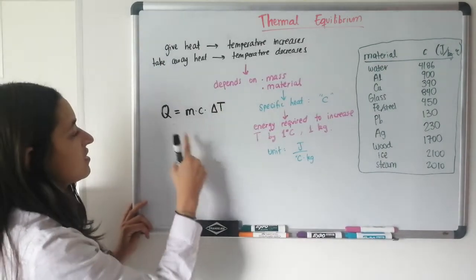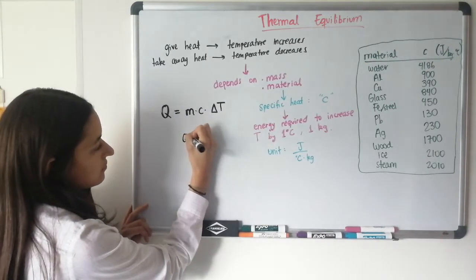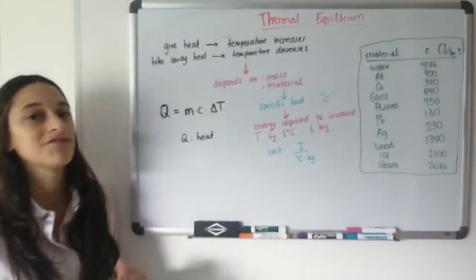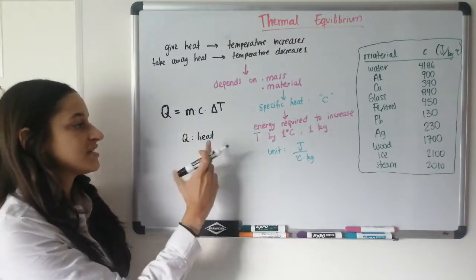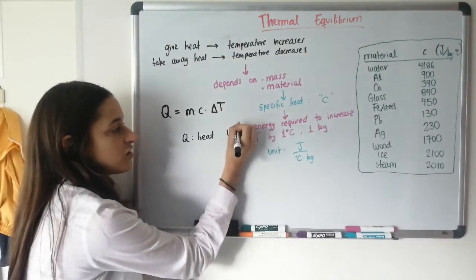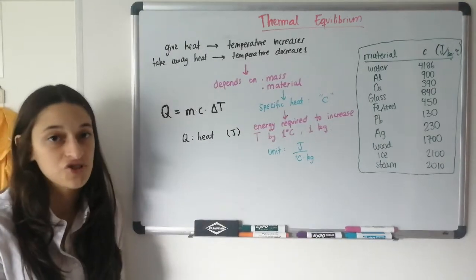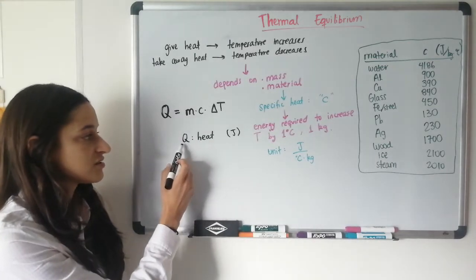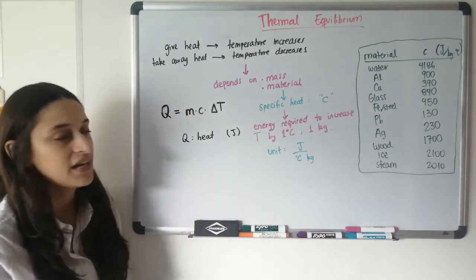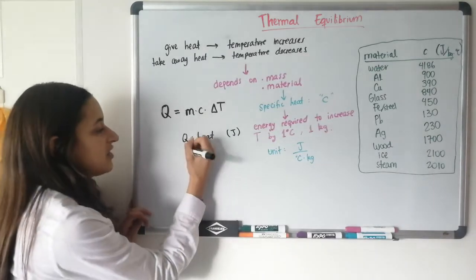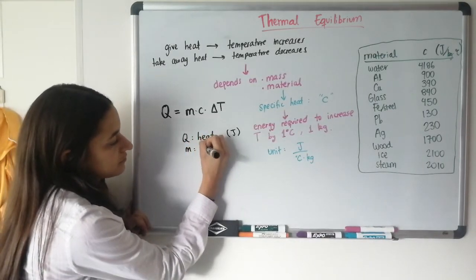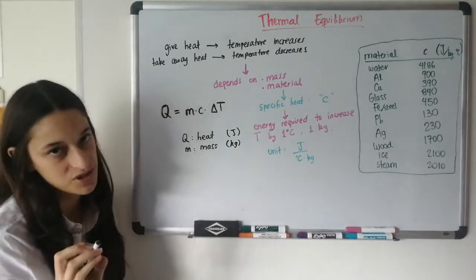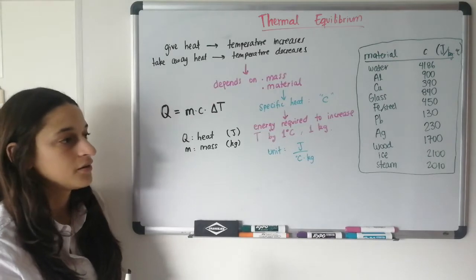So what are these things? Q is heat. I think it's, along with C, the only new letter that we hadn't given a letter to. Q is heat, and it's given in joules. Heat, as we saw in the first thermodynamics class, is just energy that changes the temperature of things. The second thing, M, is mass, and it's given in kilograms in this equation and in most equations in physics.